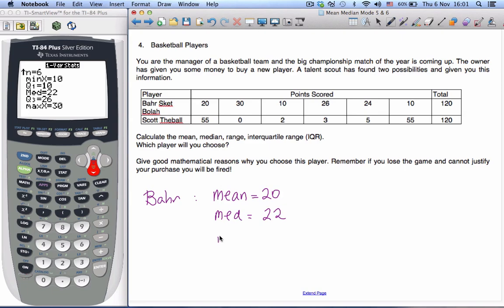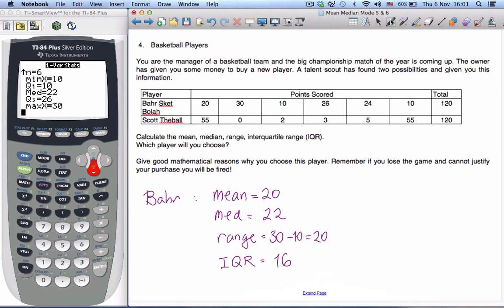The range and IQR. Range is max minus min, so 30 minus 10 is 20. And IQR is Q3 minus Q1, or upper quartile minus lower quartile, so 26 minus 10, which would be 16.